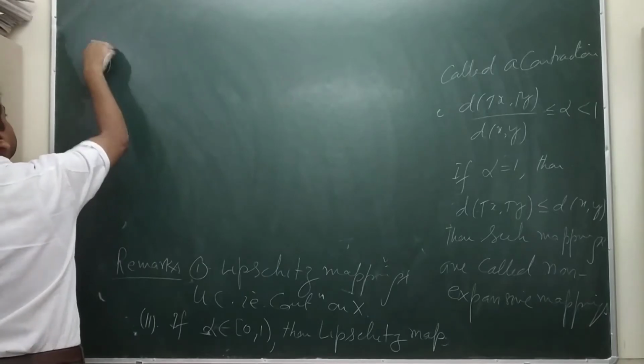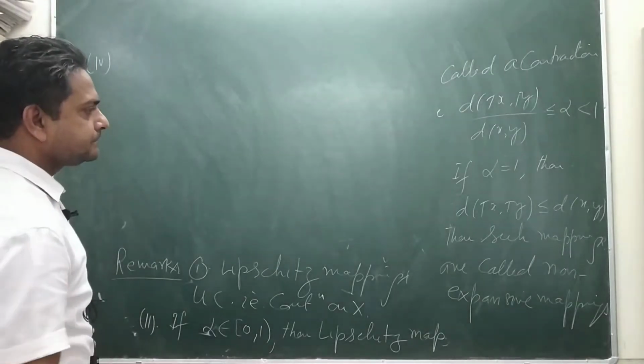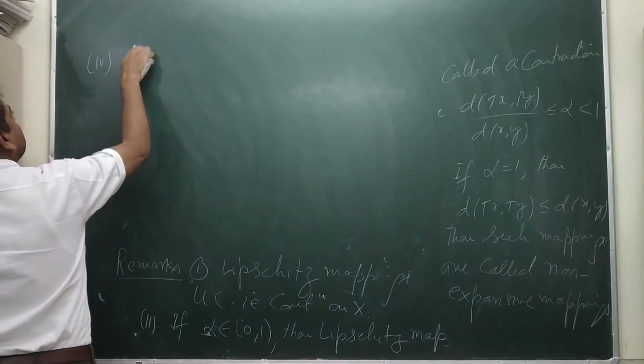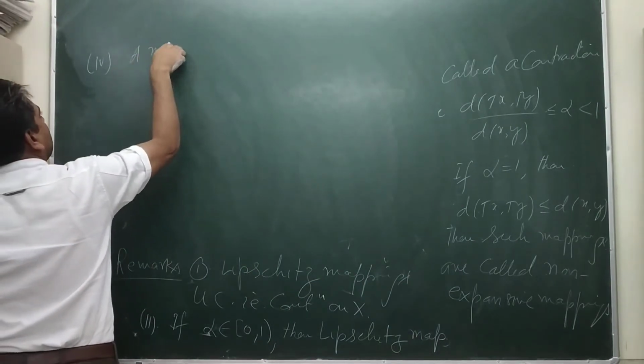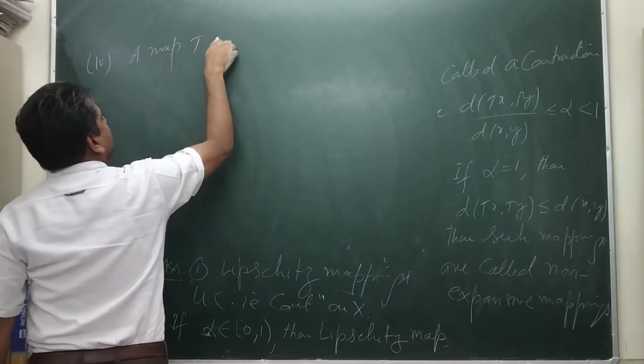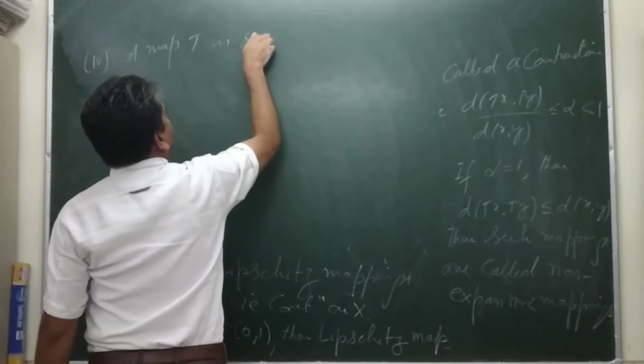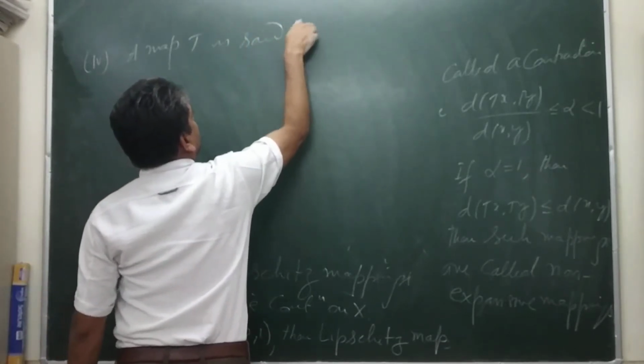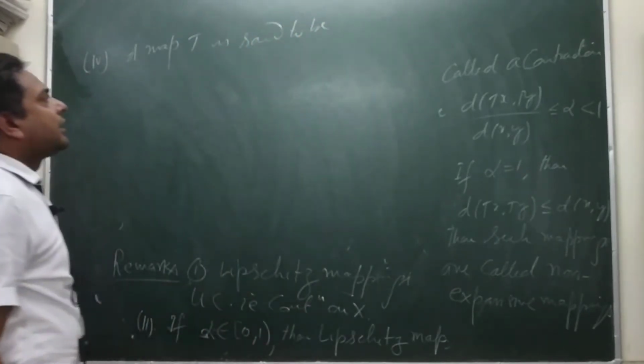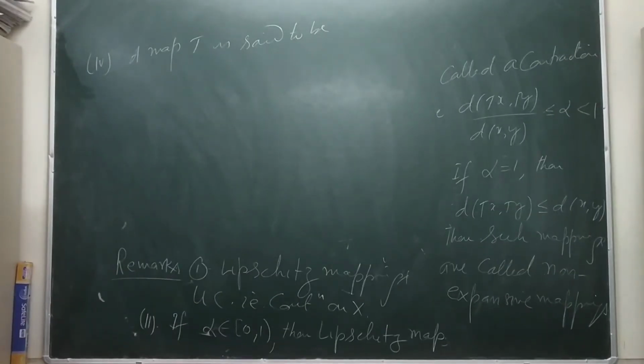Fourth one, definition or a remark. A mapping T is said to be contracting, or sometimes authors call it strict contraction.